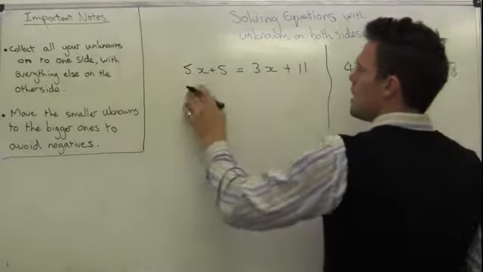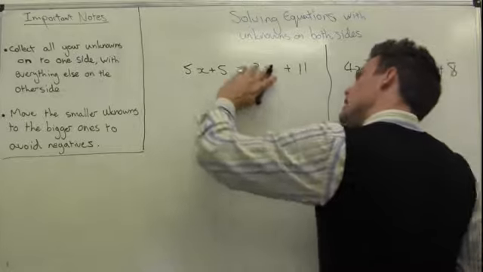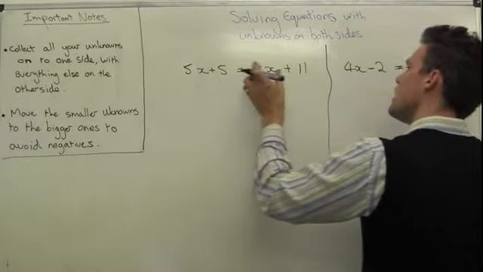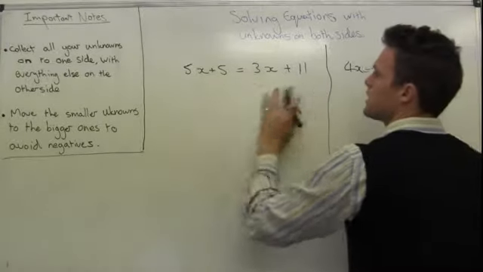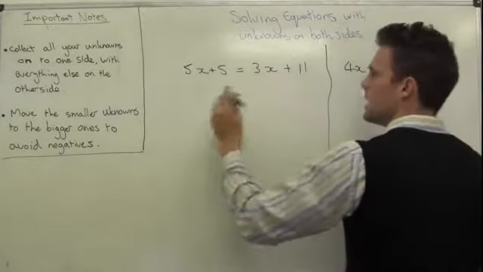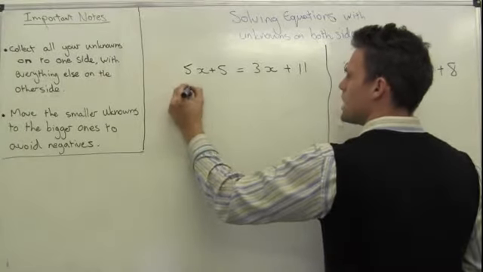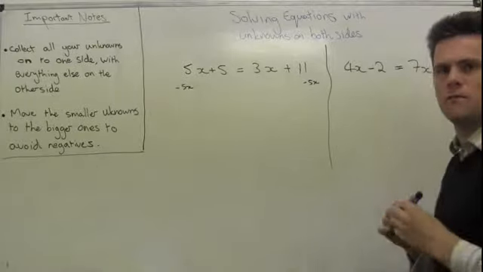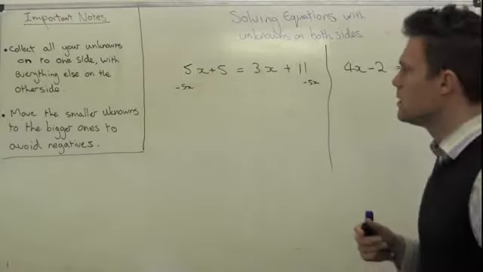Now, there's a question: do I move the 3x over to this side by subtracting 3x from both sides, or do I move the 5x over to this side by subtracting 5x from both sides? The problem with moving the 5x, if I went minus 5x, is that 3x minus 5x is going to give me negative 2x.